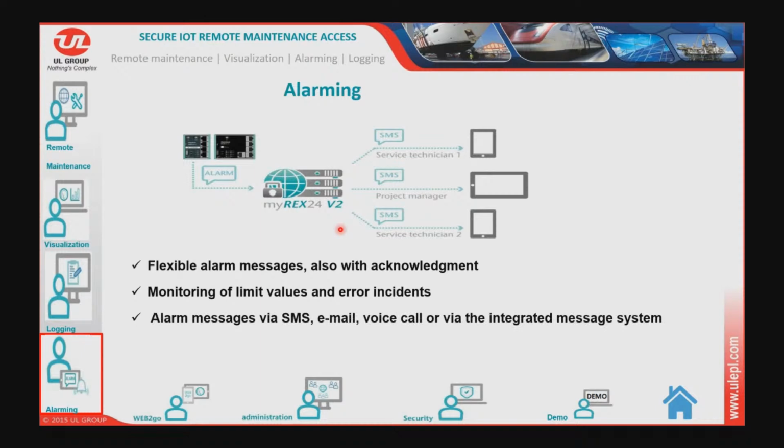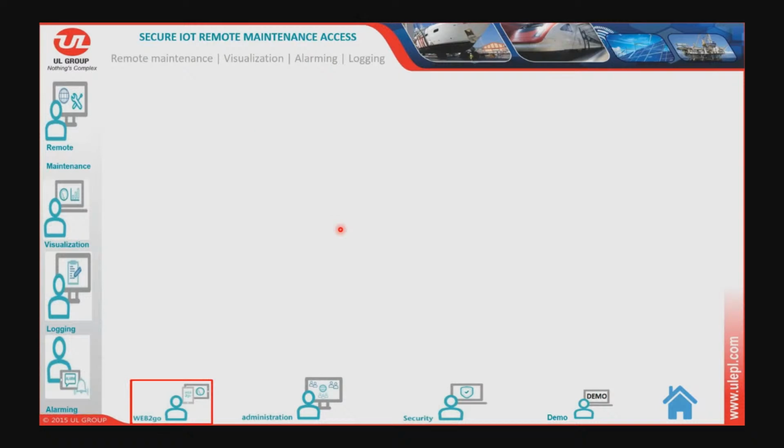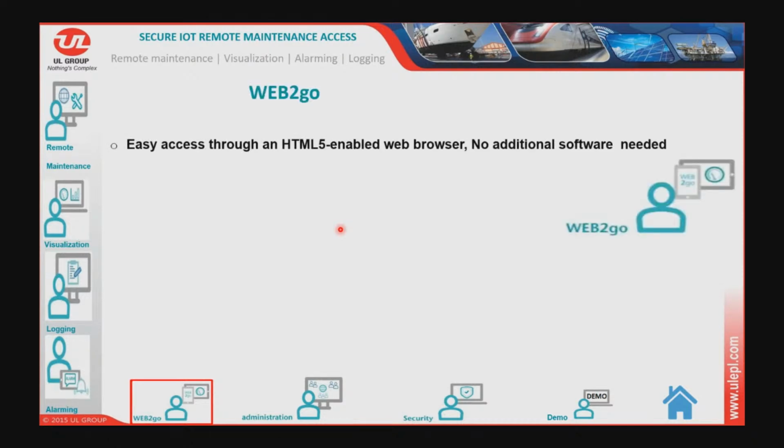So the third point was about only the alert that can be sent through SMS, email, voice call. And user-dependent reports can also be shared through SMS, email, and phone call. Coming to the fifth part, which is Web2Go. Web2Go means easy access through an HTML5-enabled web browser, with no additional software needed. There are different protocols available, like RDP, VNC, or SSH and Telnet.